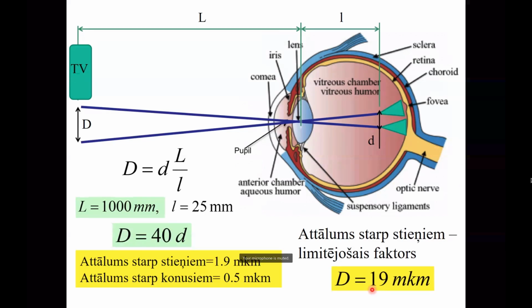In this case, the coefficient instead of 10 is now 40, and the resolution that is available to us to see is approximately 80 micrometers. Actually, this is the resolution by the screen. This is the smallest dimension of the pixel that may be detected.